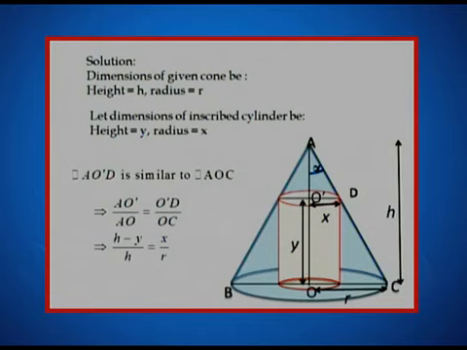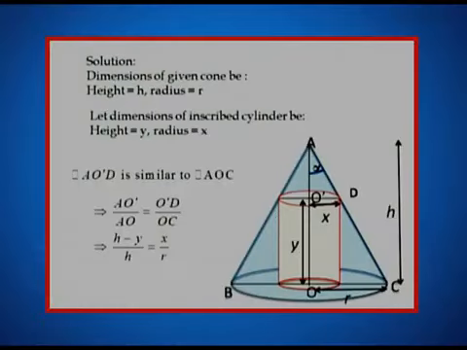Replace them with their measurements. In this case, here AO dash is same as AO minus OO dash, and therefore, it is (h minus y) upon h equal to x by r. This gives rise to y in terms of x. Again reminding you, h and r are constants.